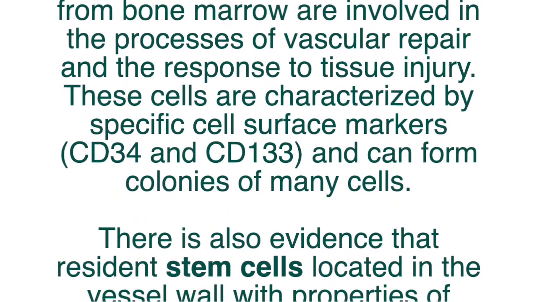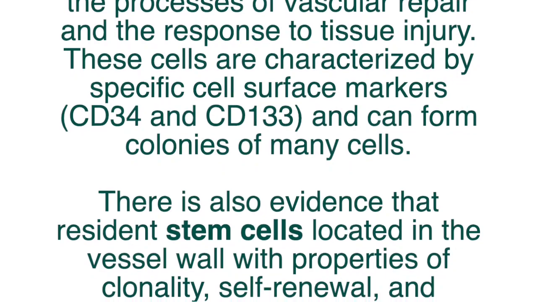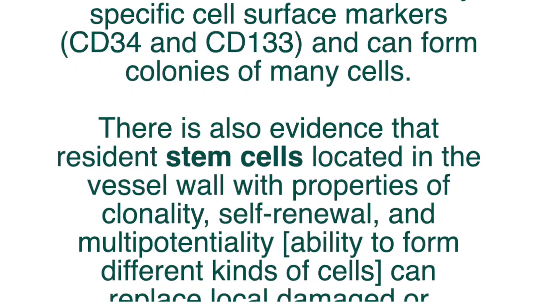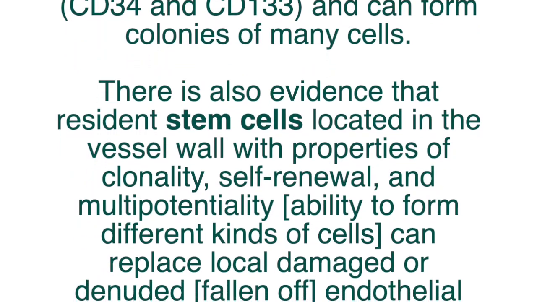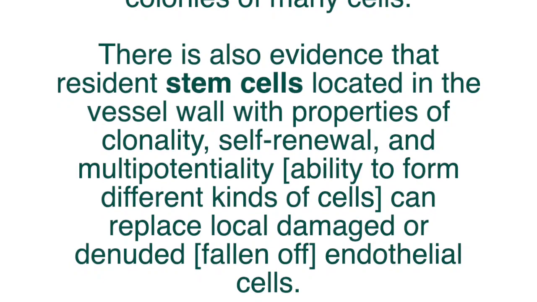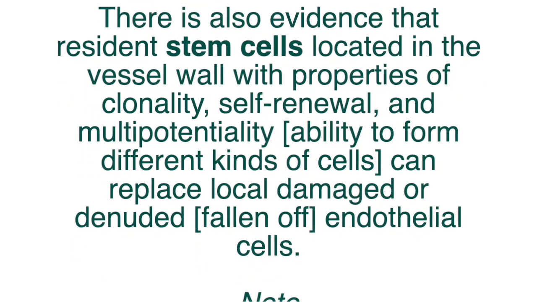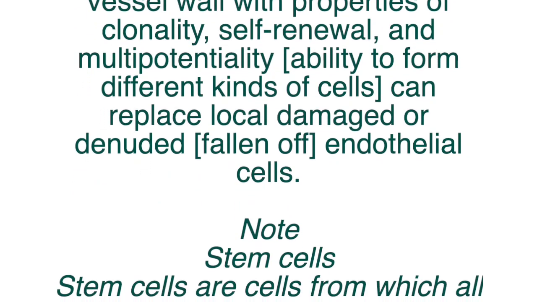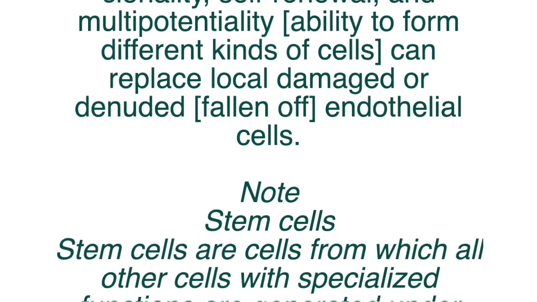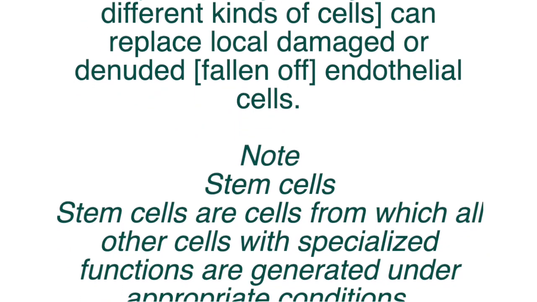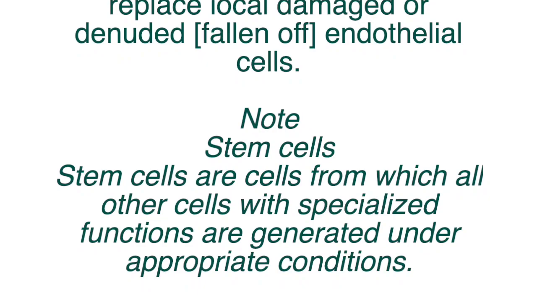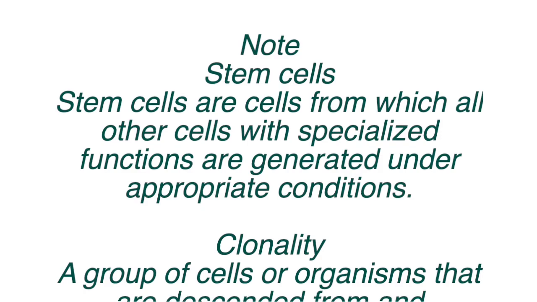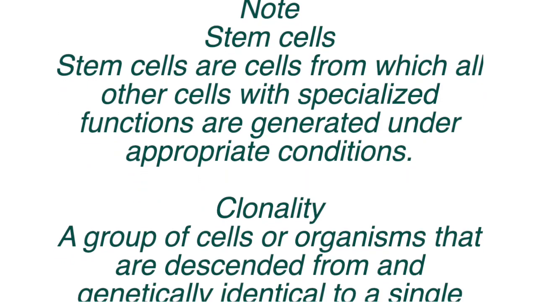These cells are characterized by specific cell surface markers CD34 and CD133 and can form colonies of many cells. There is also evidence that resident stem cells located in the vessel wall with properties of clonality, self-renewal, and multipotentiality, that is, ability to form different kinds of cells, can replace local, damaged, or denuded, fallen off endothelial cells.